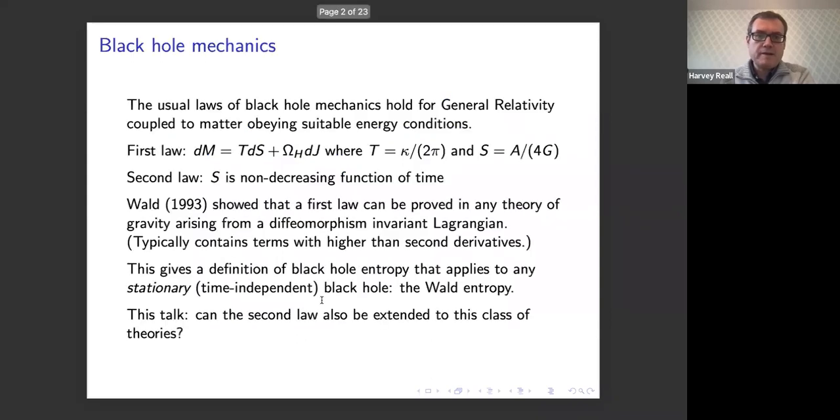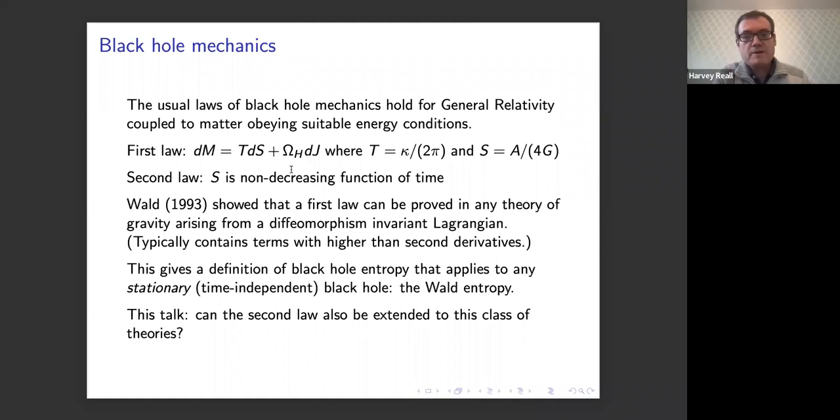So I'm going to be talking about black hole mechanics, so let me say a few words about the usual laws of black hole mechanics in general relativity, where we have GR coupled to matter fields obeying suitable energy conditions. So the first law of black hole mechanics tells us about linear perturbations of a stationary black hole, a time-independent black hole.